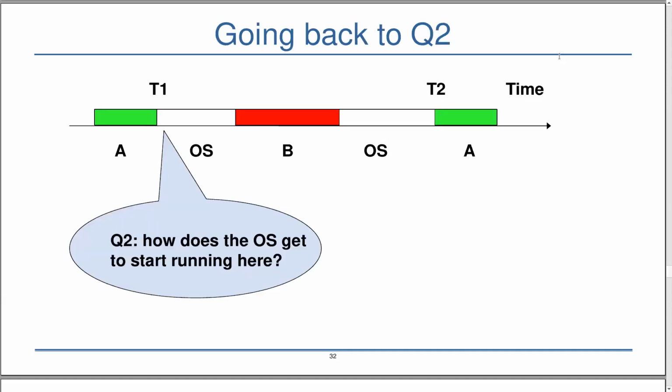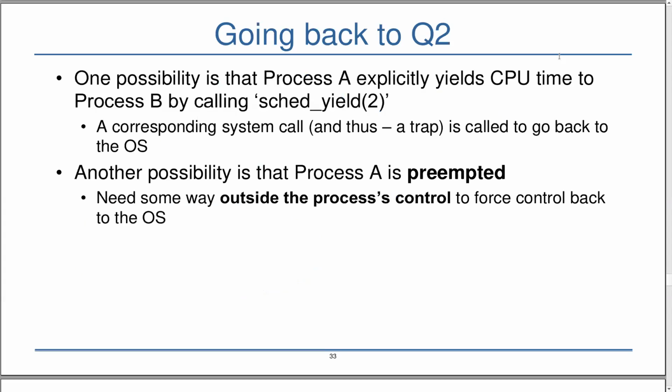Now let's go back to question 2 before we wrap up. Question 2 was, how does the OS get to start running here? When we had a process A, what can happen? Clearly one thing we can do is issue a trap.